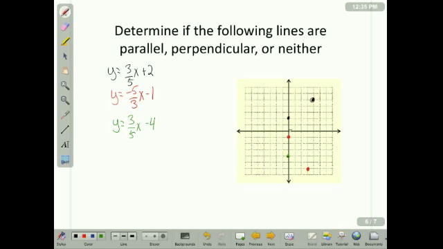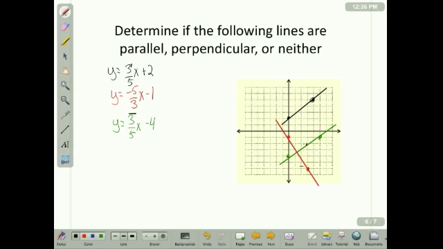So we're left with 5, negative 1. And now I can go ahead and graph all of these. The green line and the black line are parallel to each other. Notice that they'll never cross. And additionally, the slopes are the same.